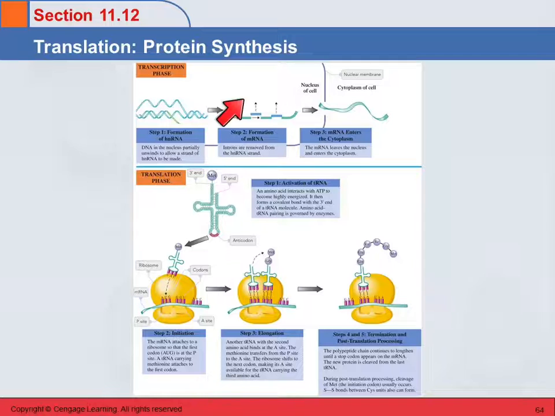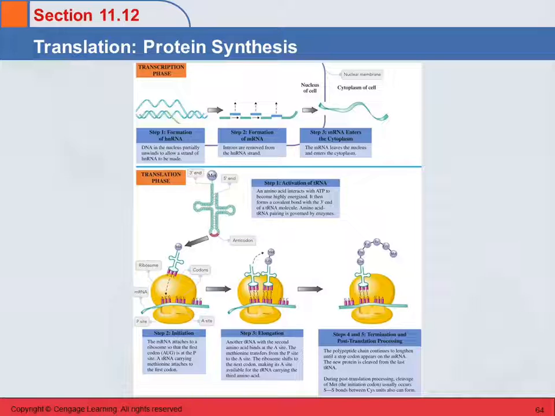And there's more than one way that a given hnRNA can be edited. And so in that way, we can have one gene here that can result in more than one protein over there, depending on what's needed and how it's edited. So once it's edited, it becomes messenger RNA. That leaves the nucleus of the cell and goes out into the cytoplasm.